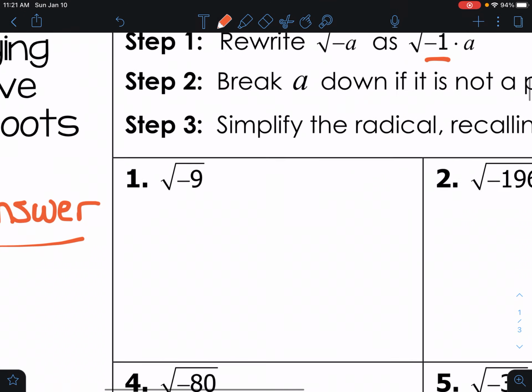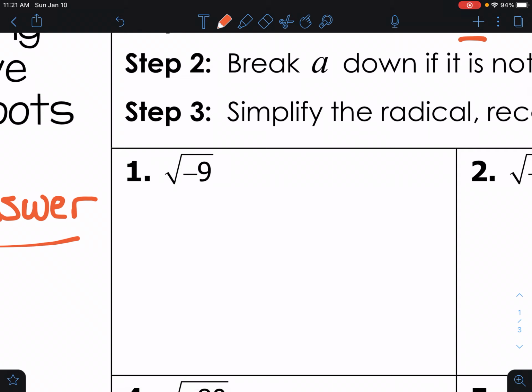But for example, if I take this, I'm going to break this apart into these two things. Well, now I know the square root of -1 is i. I also know that the square root of 9 is 3.